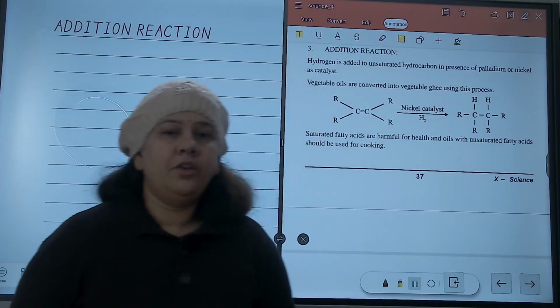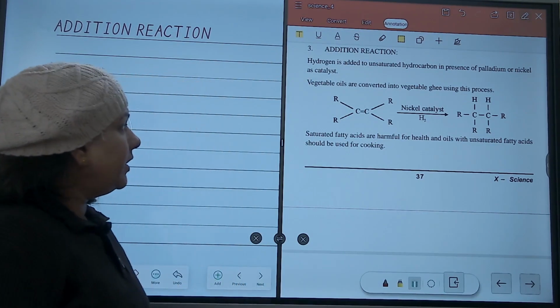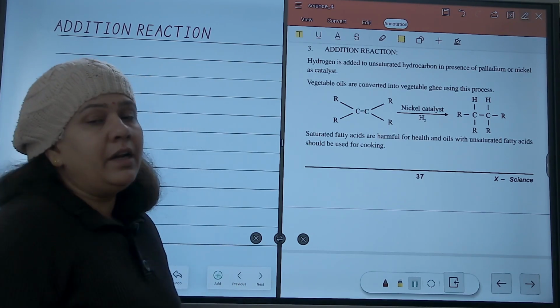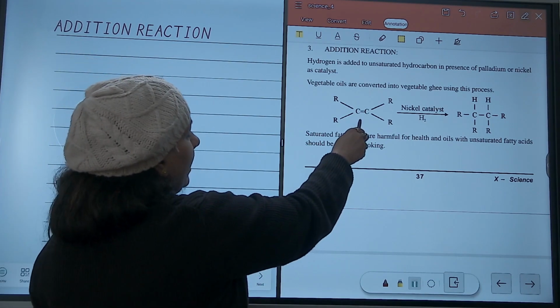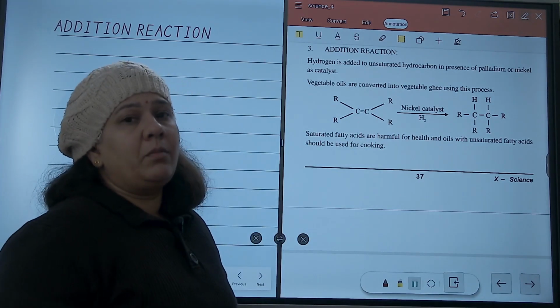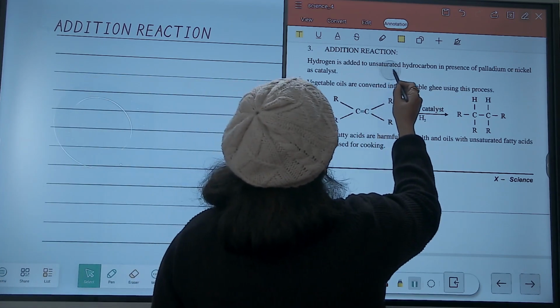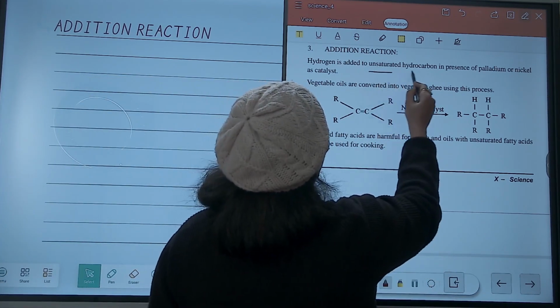Let's see addition reaction. See, addition reaction is chief characteristic of unsaturated carbon compounds. So unsaturated means having a double or a triple bond. So hydrogen is added to unsaturated hydrocarbon.